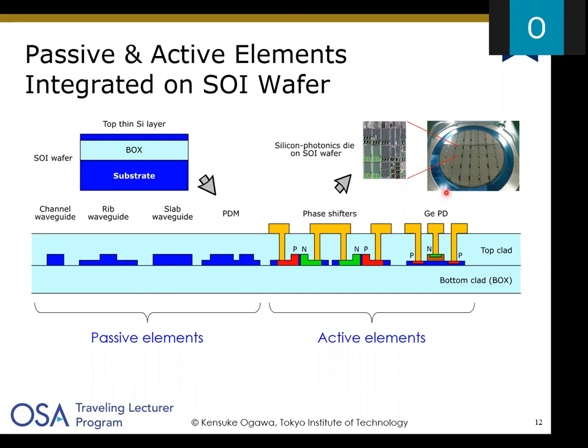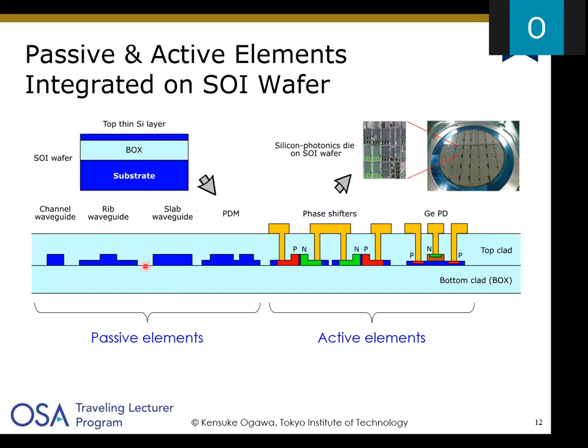You see that this wafer is actually a 200 millimeter diameter wafer, and there are several dies on the wafer, and each die contains passive and active elements for the optical modulators and for the other optical circuits. The wafer is an SOI wafer, a silicon-on-insulator wafer, and optical waveguides are formed on this top thin silicon layer as thin as 200 or 300 nanometers.